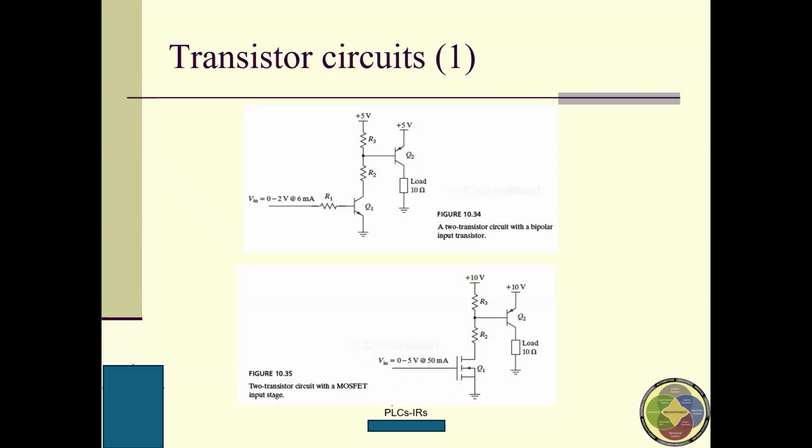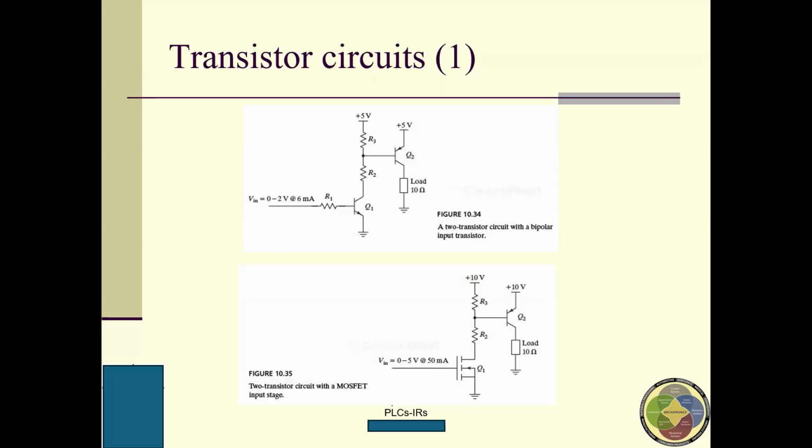However, if I increase this input value, then once the voltage difference is higher than the threshold value, I have a current. If I have a current, then on this R3 we will have a voltage drop.